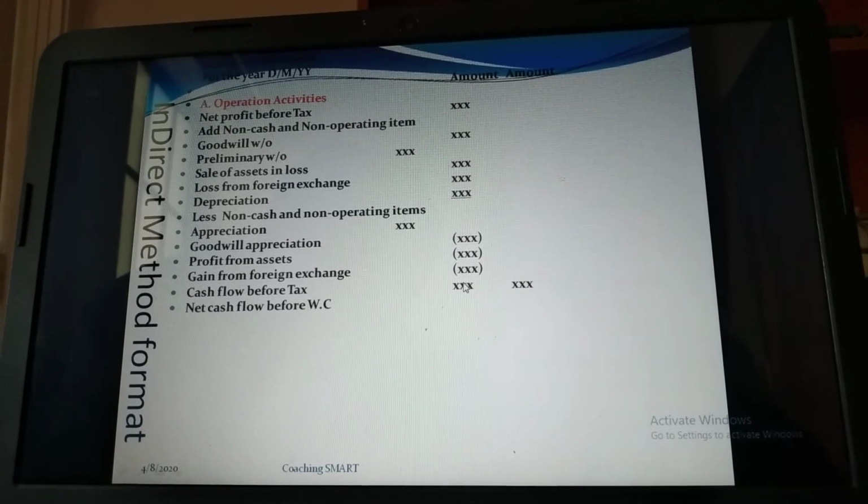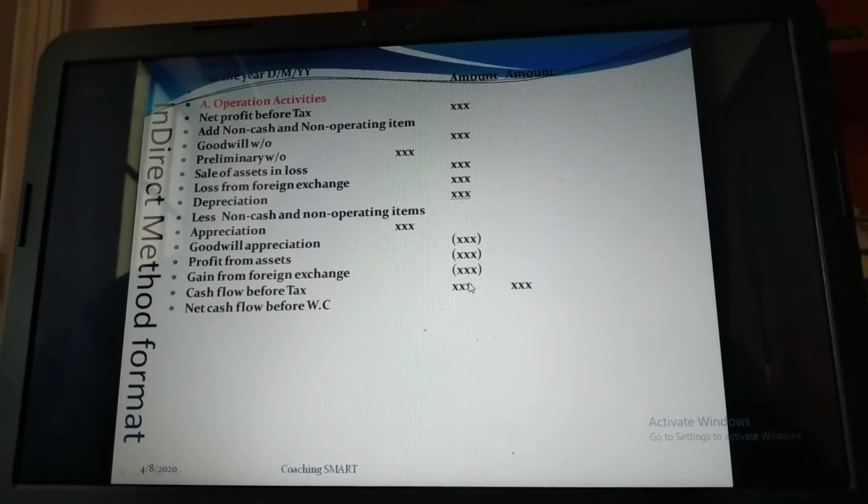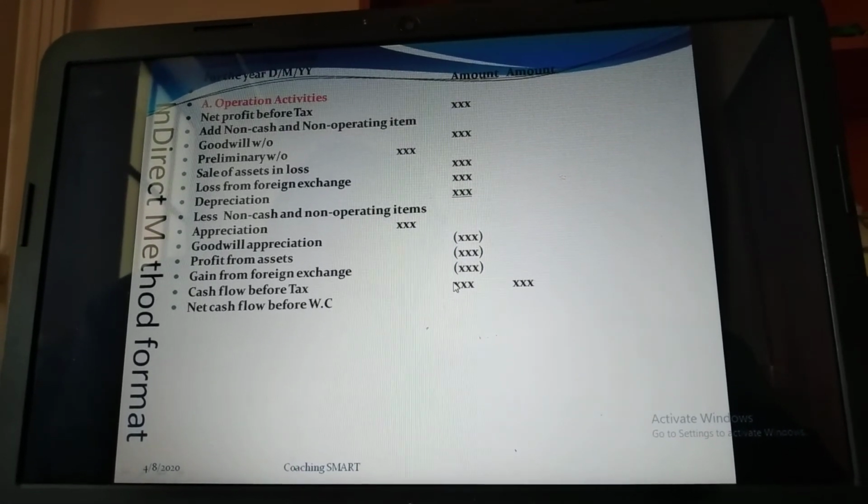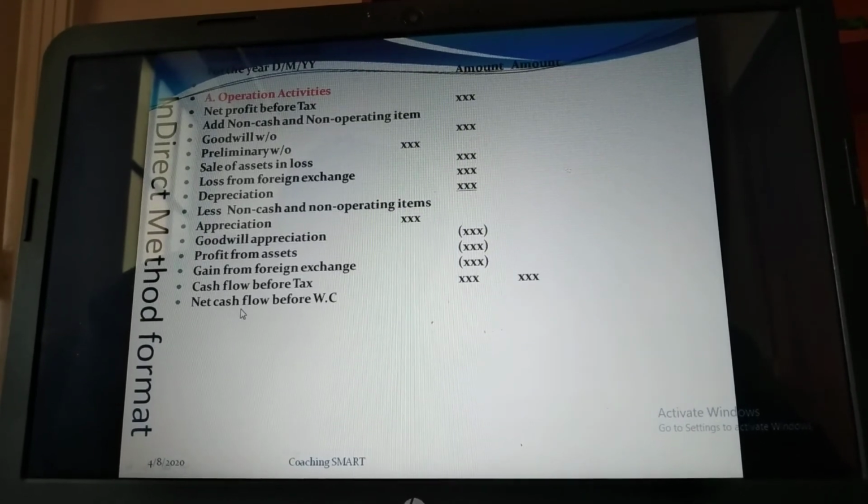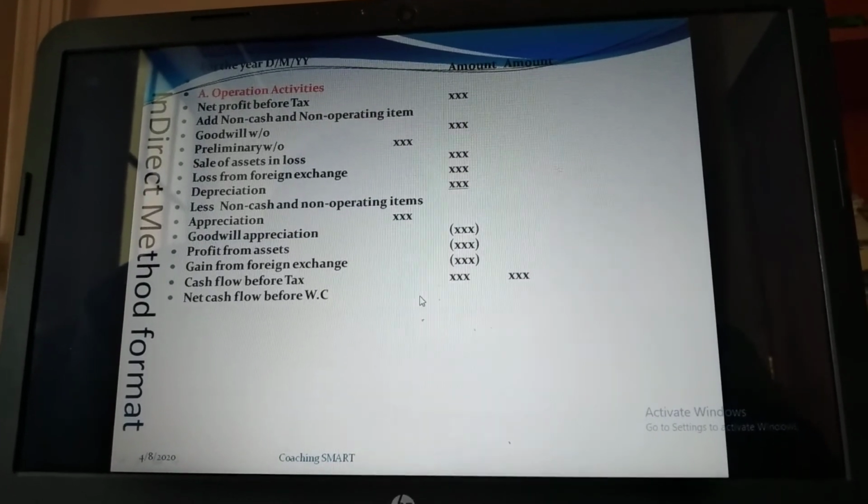So you have it here. You total all this, you get cash flow before tax, net cash flow before working capital.